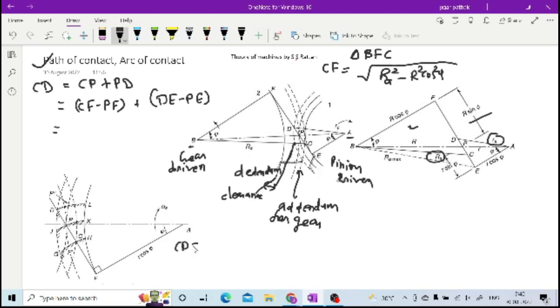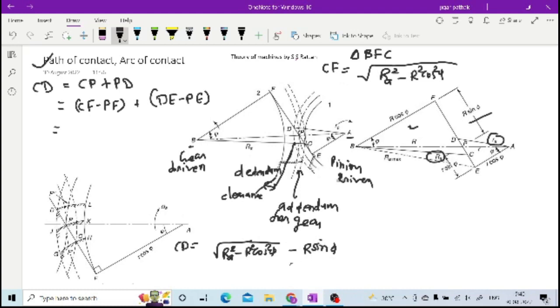Now CD is equal to CF, which is nothing but the square root of RA square minus R square cos square phi, minus this R sin phi.